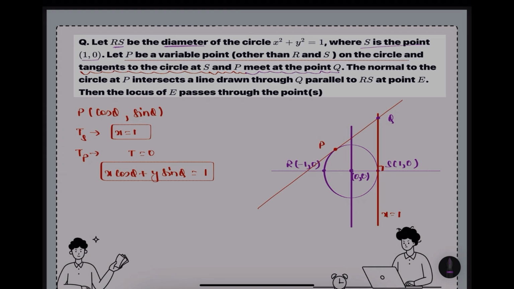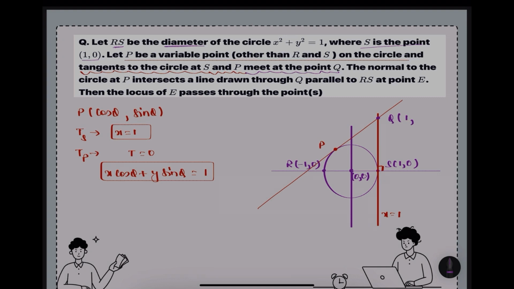So we have to find out point Q. You know that point Q is common to both the tangents. So if we solve both the lines, we will get point Q. Also you know that everywhere on the tangent at S the x coordinate would be 1. So at this point also the x coordinate would be 1. So how will we find the y coordinate?